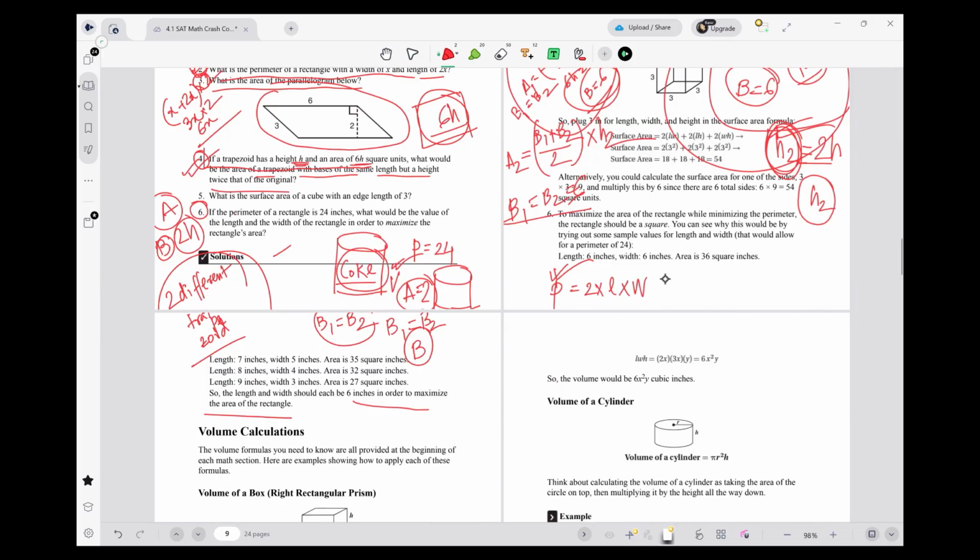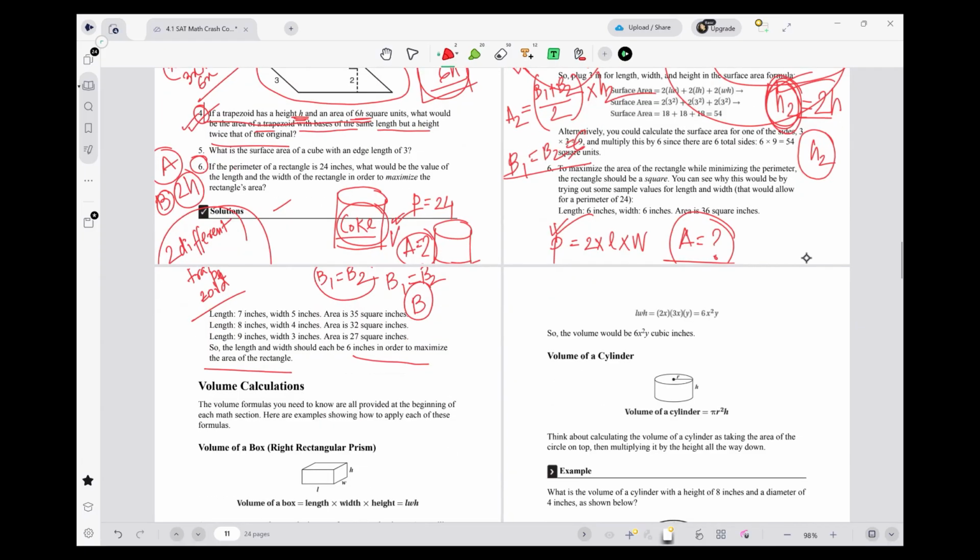So you just need to find out the maximum area, and that is why I'm talking about the calculus problem. Sorry, you're not allowed to use the calculus. So I just want to look at how they have used the procedural method to maximize the area of the rectangle.